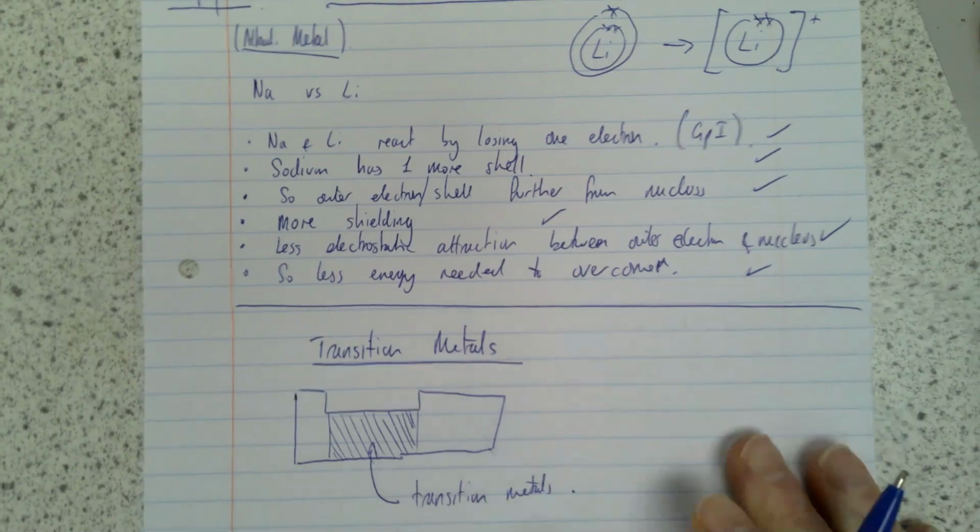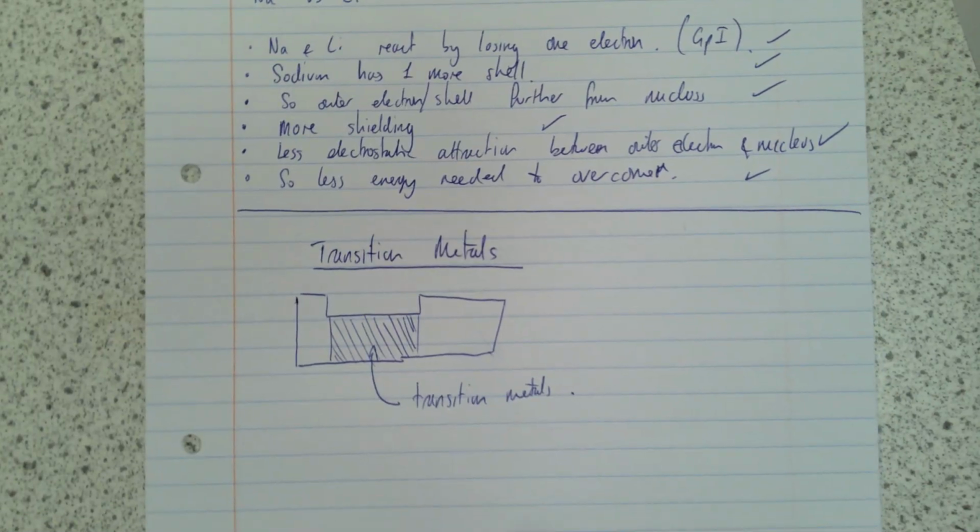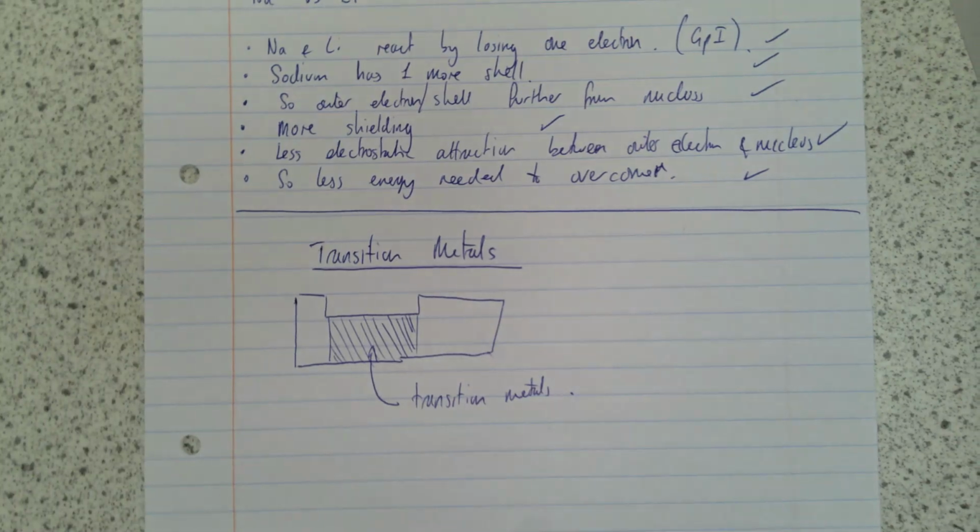You're expected to know roughly where they are on the periodic table. When you think of metals like iron and copper and silver and gold and tungsten that you might come across in daily life, and palladium and platinum that maybe some of you have heard of, or chromium, that's probably where the metals are going to be.